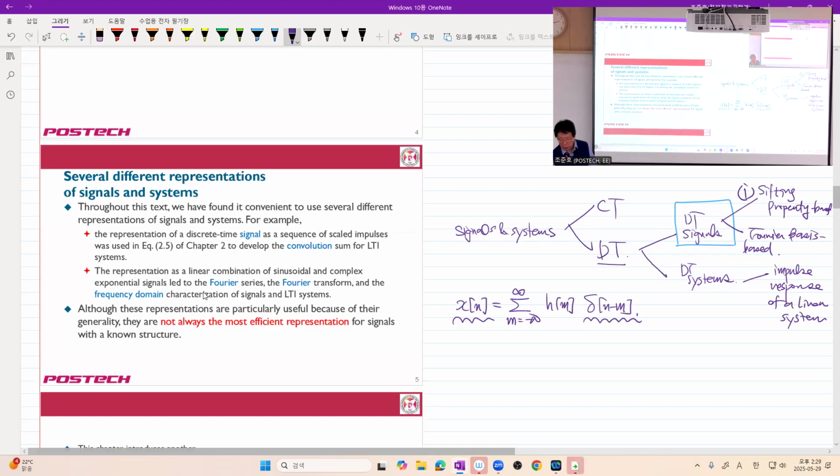And another thing was what? Another thing was the Fourier basis approach. And the synthesis equation says that our discrete time signal can be viewed as an uncountably infinite sum of scaled complex sinusoidal signals.